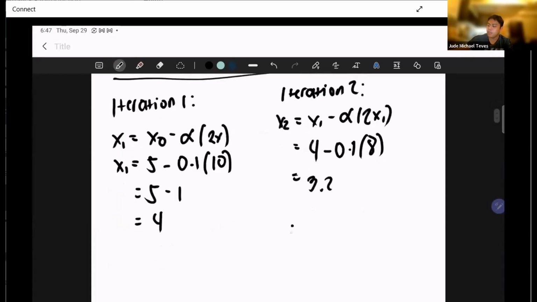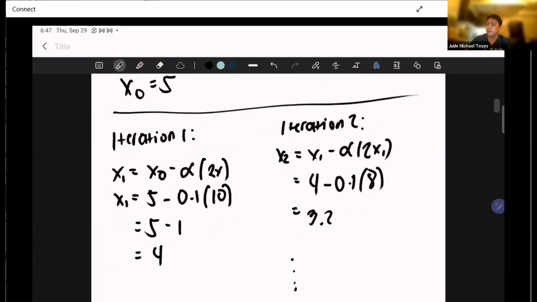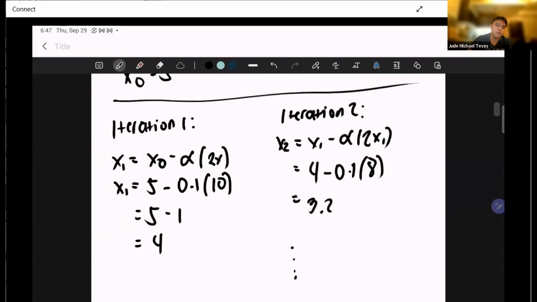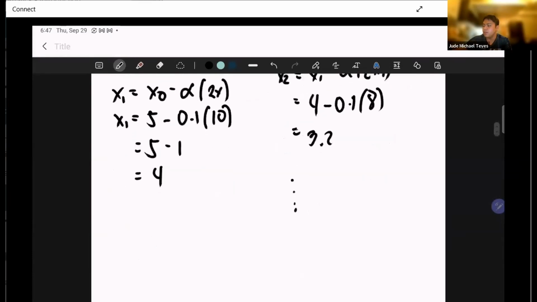And then after many iterations, what's going to be the value, you think? Say after, I don't know, like iteration 100.